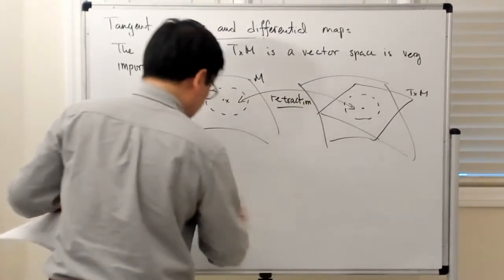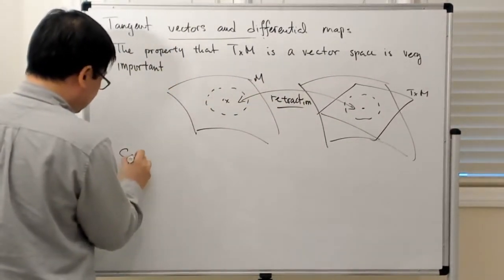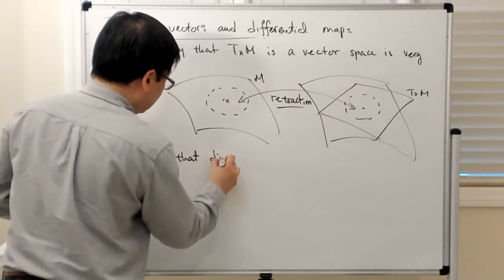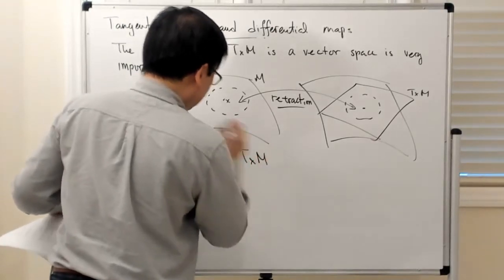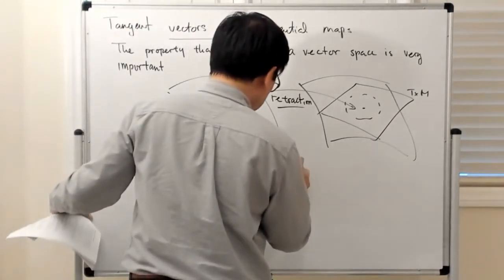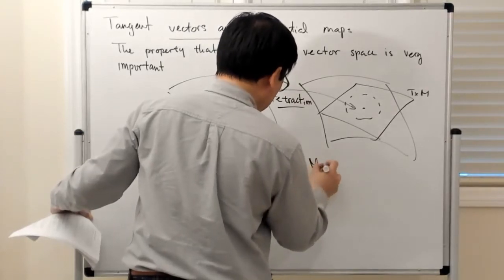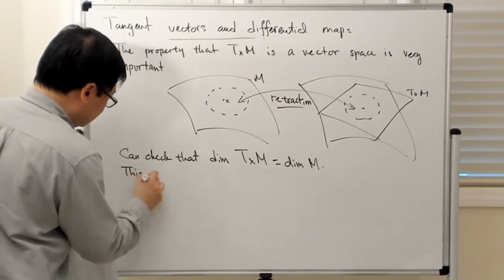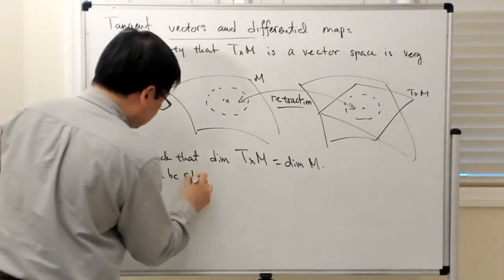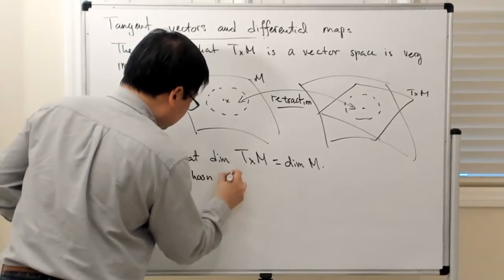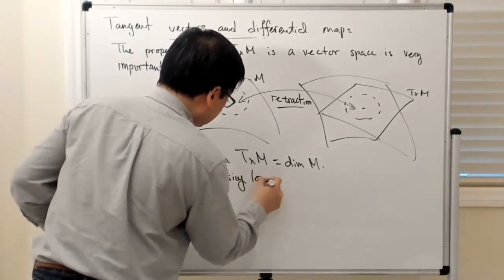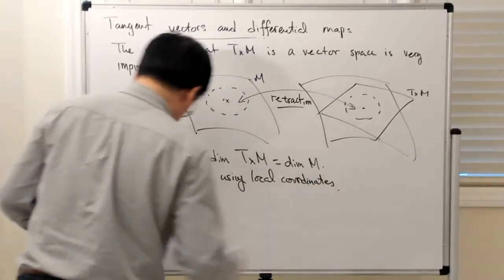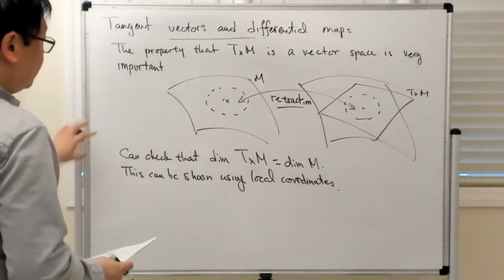Okay, so you can check that the dimension of TxM is equal to the dimension of the manifold, and this can be shown using local coordinates. Okay, but I won't go too much into that.